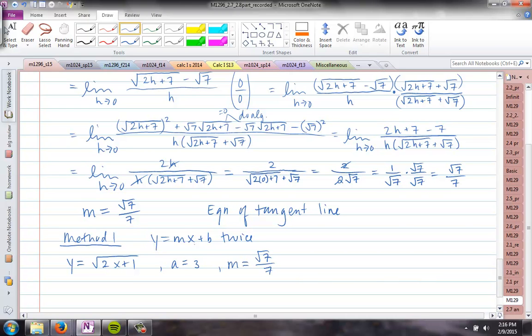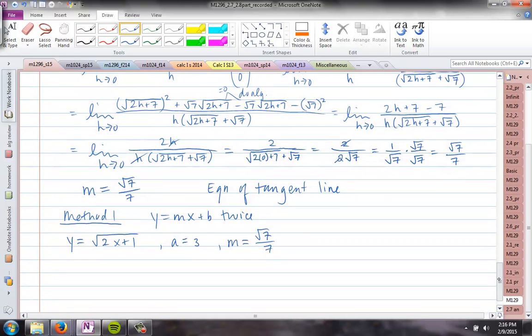Now, if we use y equals mx plus b twice, what you want to do first of all is figure out what b is, the y-intercept. So you do that by plugging in the y, the m, and the x. So the y is something that we can plug in here. We actually already found it.